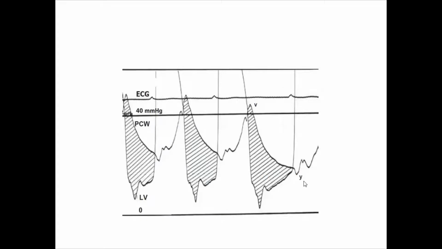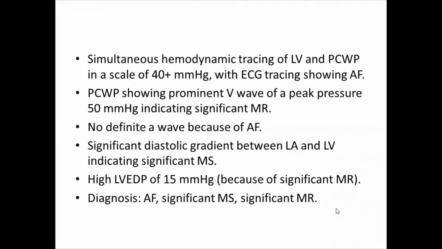It is a bit high, supporting diagnosis of severe MR. There is a diastolic gradient between the LV and the pulmonary capillary wedge pressure. This is suggestive of or consistent with diagnosis of significant or severe MS. So our final diagnosis is atrial fibrillation, significant MS, significant MR, most likely in a background of rheumatic heart disease.